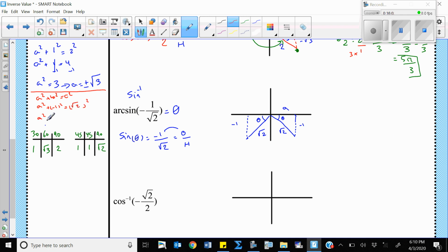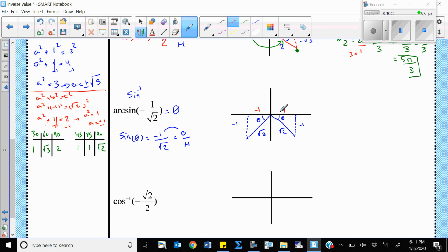So this will be A squared plus 1, and √2 squared will be equal to 2. If I subtract 1 from both sides, A squared will be equal to 1, and A will be positive or negative 1. So this A value is going to be +1, and the other one is -1 because it's on the left side of the x-axis, on the left side of the origin.